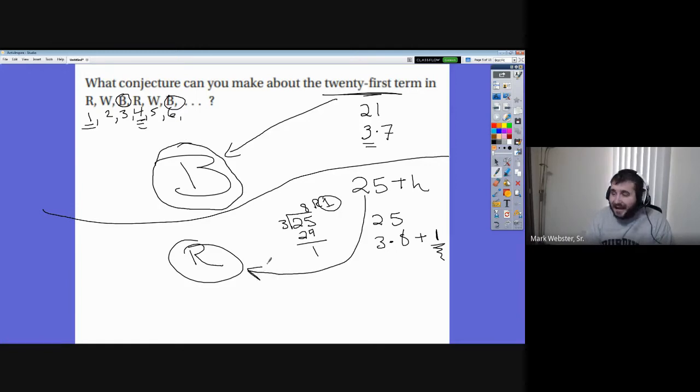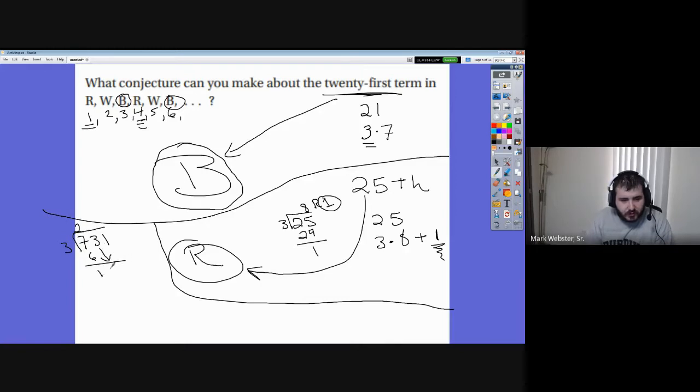You can do that for any number. Like, let's look at a number like 731. Well, let me divide by 3 and see what the remainder is. 3 goes into 7 twice. 7 minus 6 is 1, drop down to 13. 3 goes into 13 4 times. And I don't care about this number up here. I care about the remainder, right?